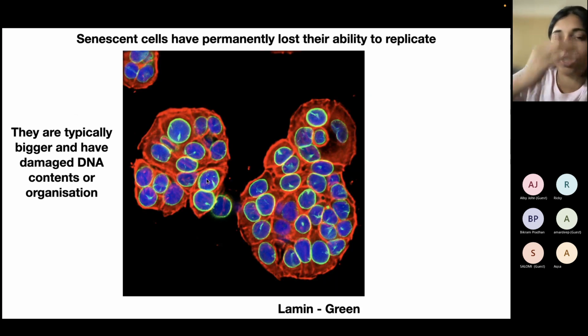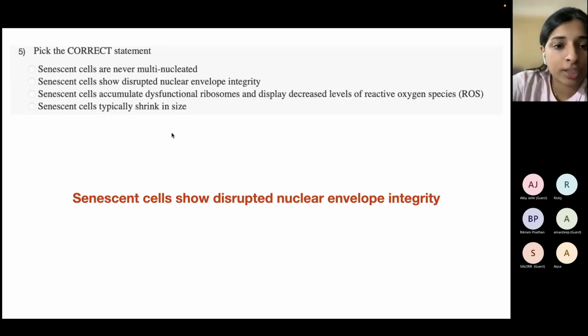So let's look at one of the images that we had earlier seen. Here cells are typically bigger and they have damaged DNA contents or organization and they have lost the Lamin signal, which means that they have lost the nuclear envelope integrity. So with this fact itself, we can see that senescent cells can be multinucleated.